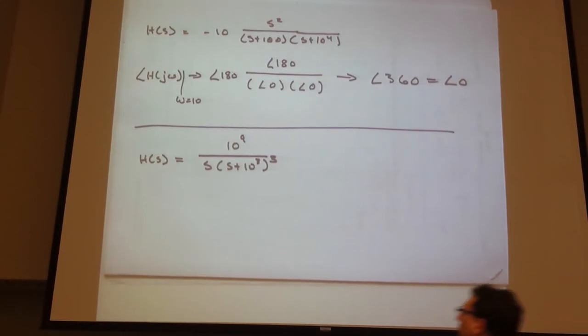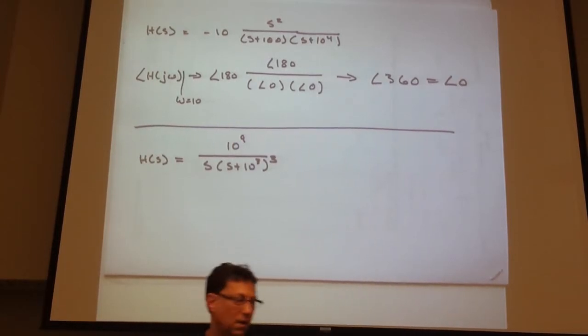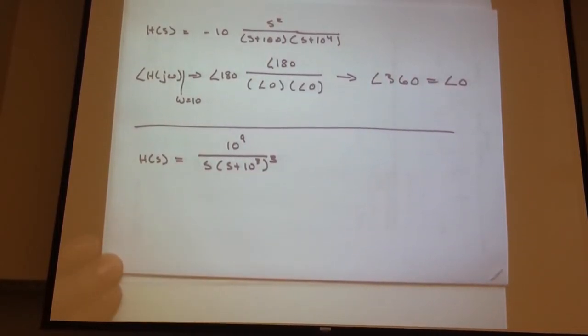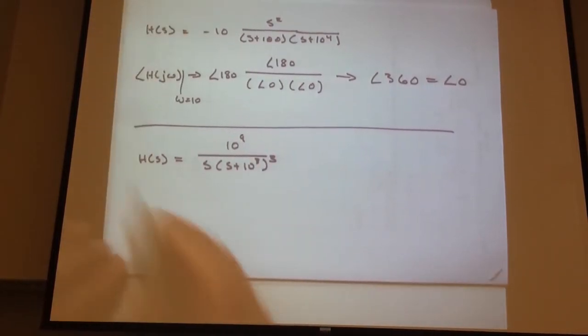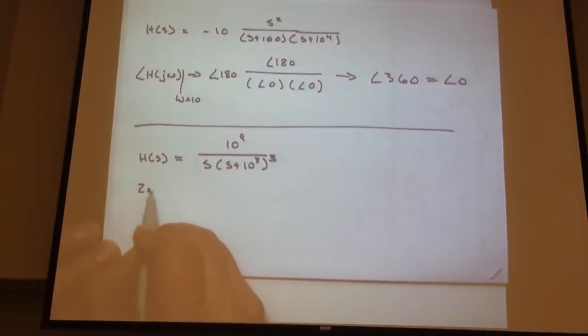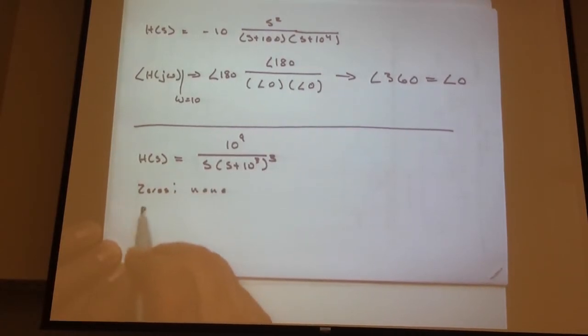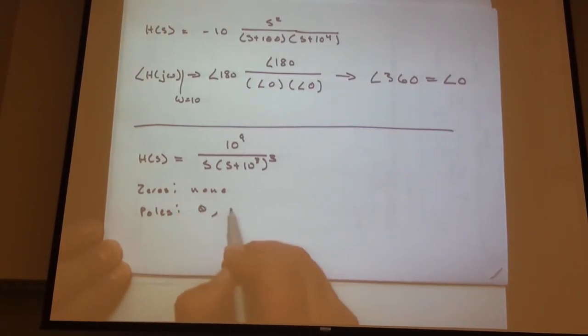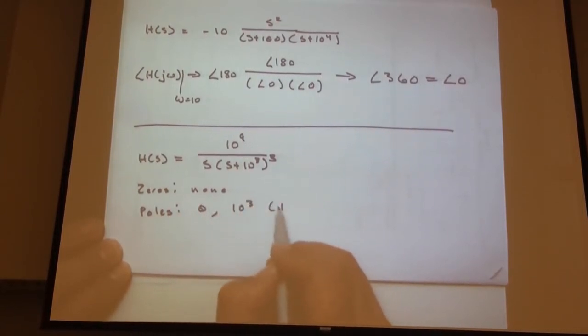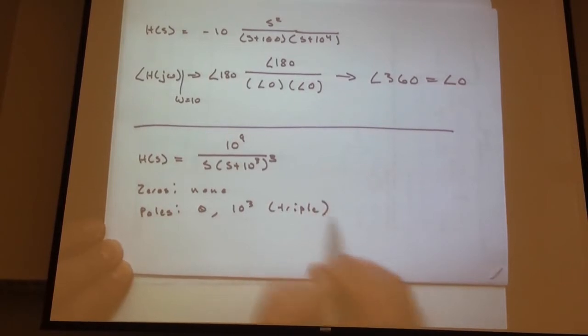So we could plot the Bode plot of this guy. It's a terrible Bode plot, but we're just going to look at the phase. So, what does our phase plot look like? Well, how many zeros do we have? None. Poles: 0, and 10 to the 3, and 10 to the 3 is a triple pole.